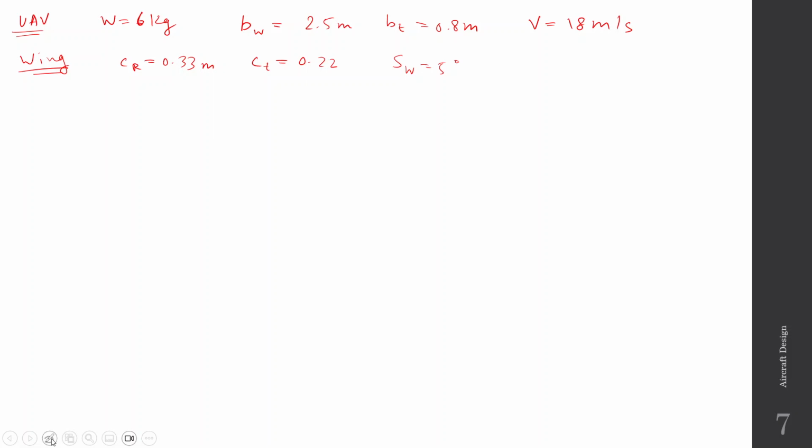CL max is 1.2. Then you have alpha at zero lift, it is minus 2.75 degrees, and CL alpha is 6.3 per radian.